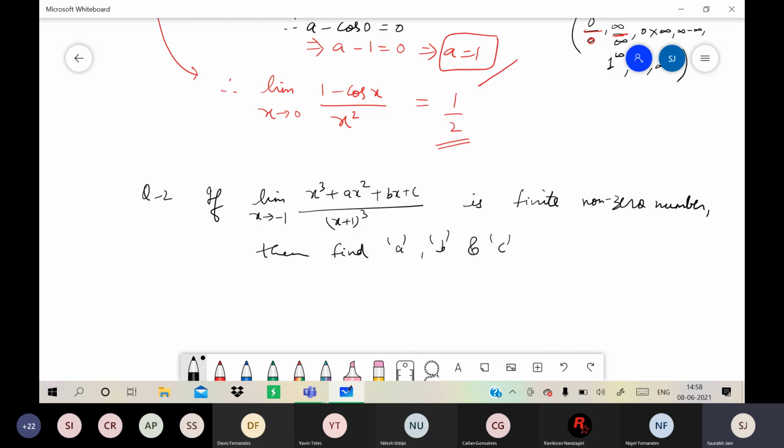This is the question. Now let us see how we'll solve this.